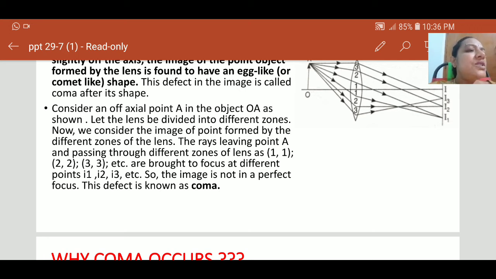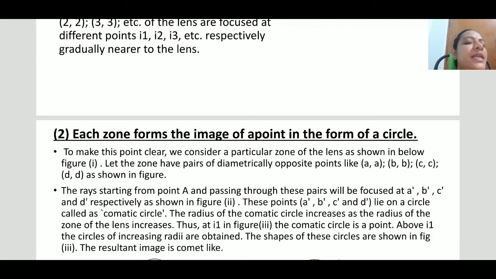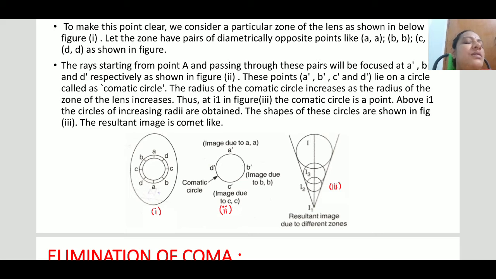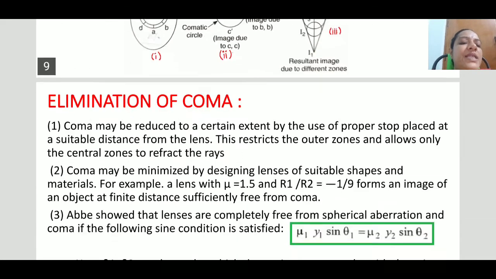The rays incident on the 2 2 zone form the image at I2, I3, like this. The radius of these circles gradually increases, so the image looks like a coma, that is, a comet. So this is termed coma aberration.